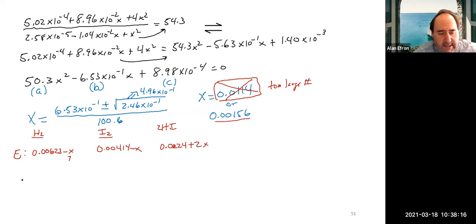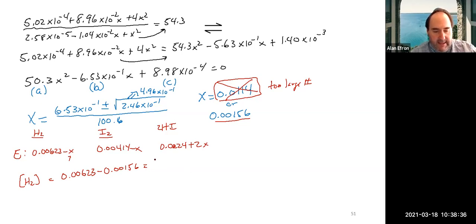So let's see. We'll put that in. H2 then would equal 0.00623 minus 0.00156. And that gets us, if I didn't clear my calculator here, something like 4.67 times 10 to the minus 3, and it would be molar since it is a concentration.